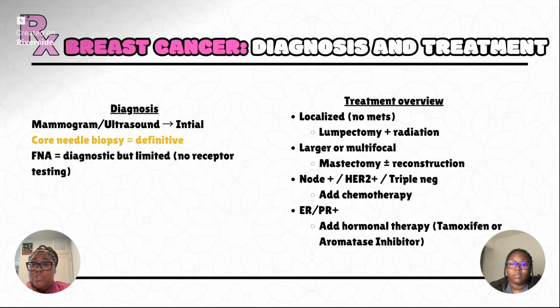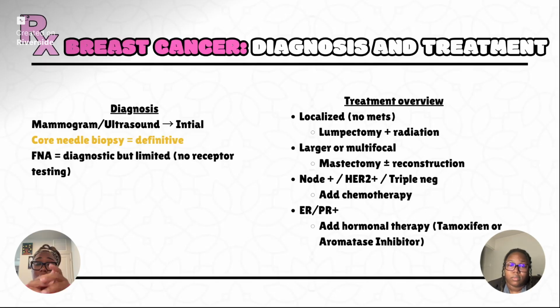And then as far as treatment, if it's localized, meaning no metastasis to other areas of the body, there can be a lumpectomy, which is where that specific lump is removed, plus radiation to that area or nearby areas.